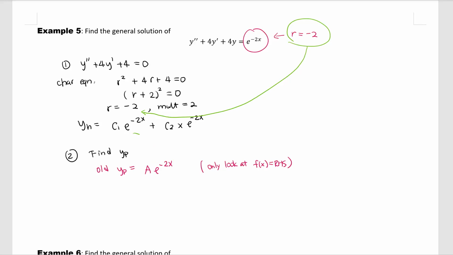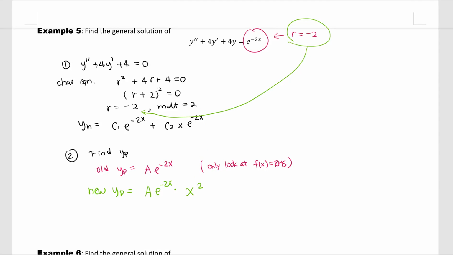So when you take the derivative and plug it in, you should get the equation is 0. Okay, so that's why we need to increase the power of x. So what is the new yp? It is the old yp multiplied by x to the multiplicity of the corresponding roots in the characteristic equation, which is 2, right, everybody?